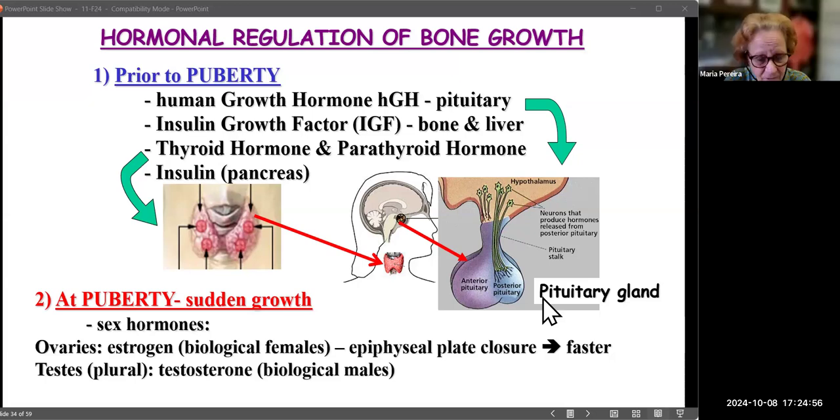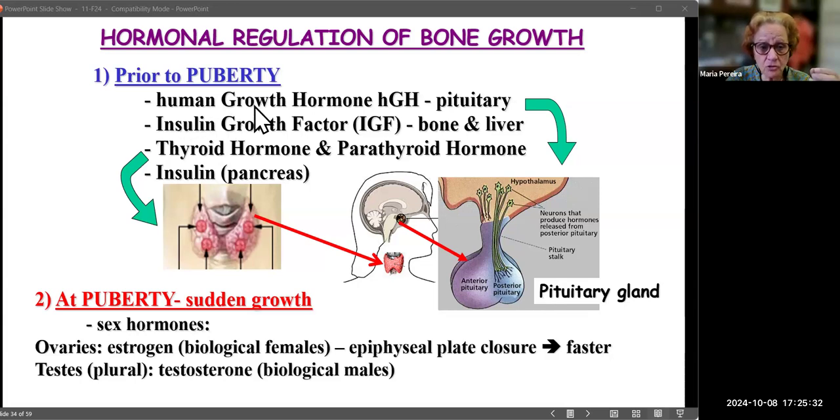Oh, that's a very good question. Not all diabetic patients are diabetic from birth, right? Under these conditions, you would have to provide insulin. But insulin is not the only and not the major factor that induces growth prior to puberty.